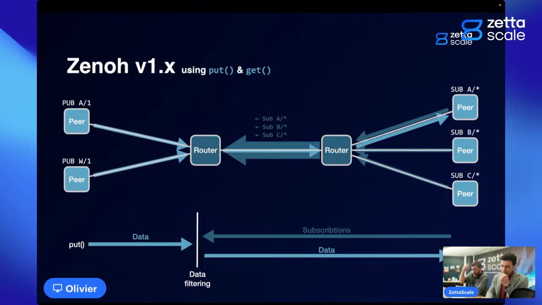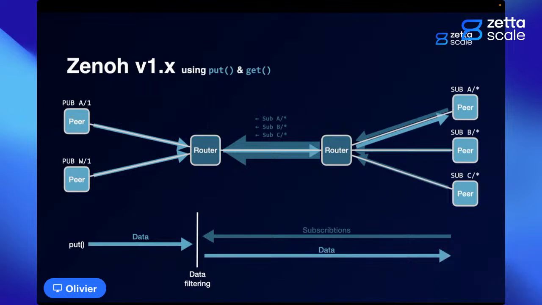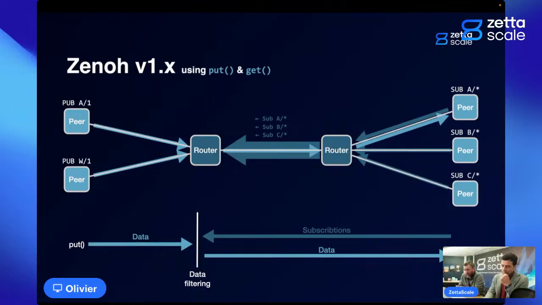And publishers, peers or clients, whatever, send all their publications and their queries, by the way, to the nearest router, and the filtering happens in the first router. So this is already a far better compromise, as the subscriptions only flow in the infrastructure and the data path is not fully optimized, but overall better.